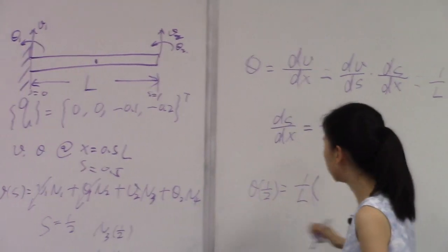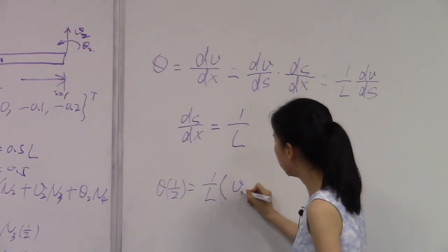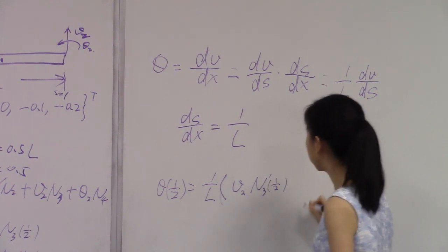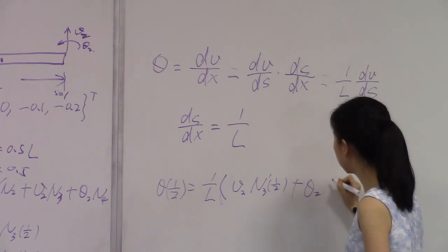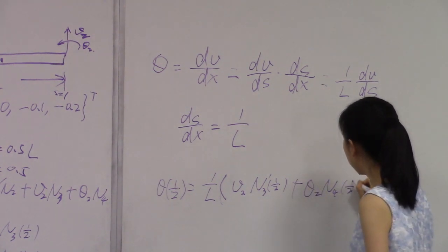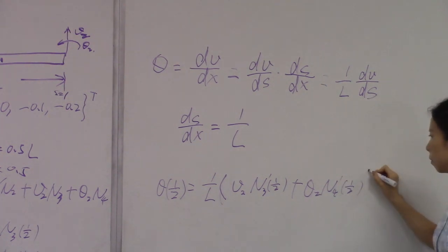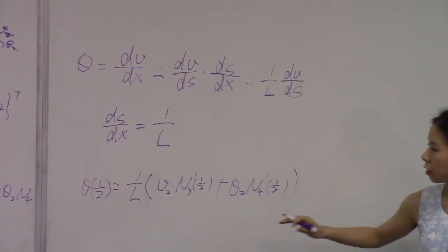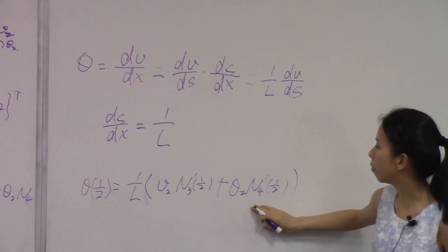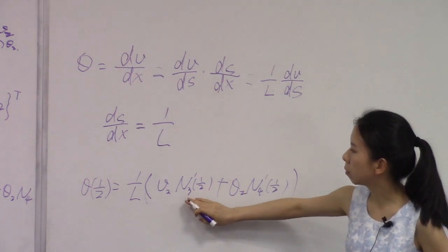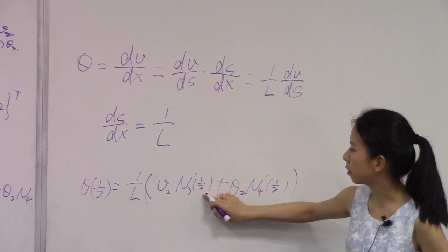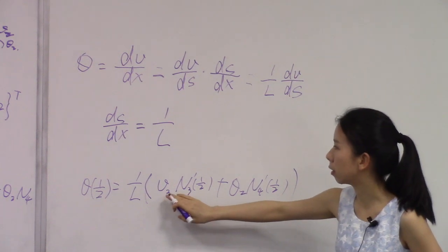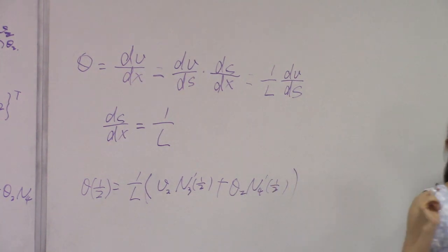So start from V2, theta 2. It is V2 N3 prime at s equal to half, plus theta 2 N4 prime at s equal to half. So this is the rotation at the middle point. Since we have N3 and N4, we can calculate N3 prime and N4 prime at s equal to half, and then plug in V2 and theta 2. So this rotation can be calculated.